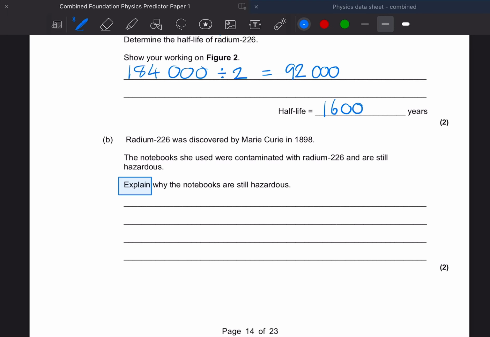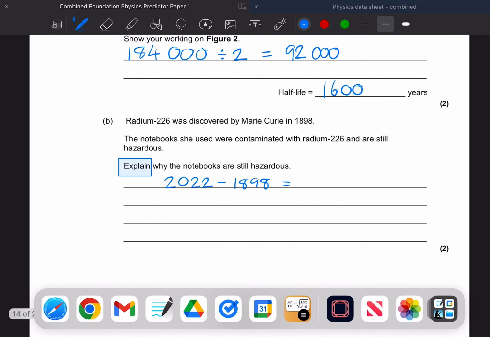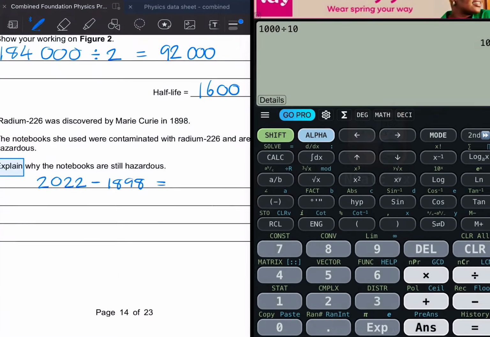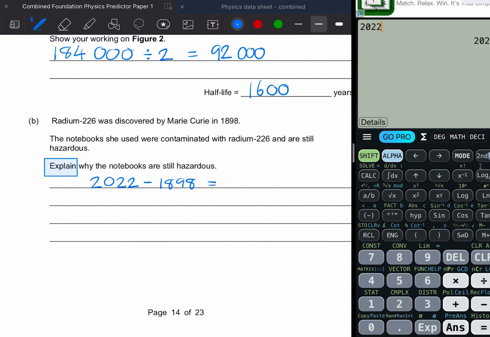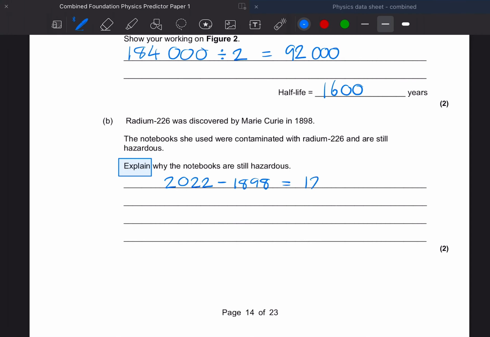So let's figure out how many years it actually was. If we look at the current date, we're currently in 2022, and if we take away 1898, which is when she was using them, let's figure out how many years ago that was. 2022 minus 1898, so that was 124 years ago.